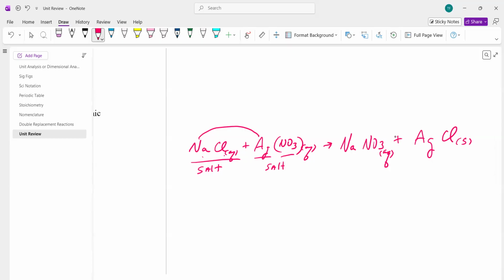All right, that's the molecular equation. Make sure you got all your aq's and s's in there. Now is the net ionic equation. Did something happen? Yes. What happened? We made a solid. And how did we make it?